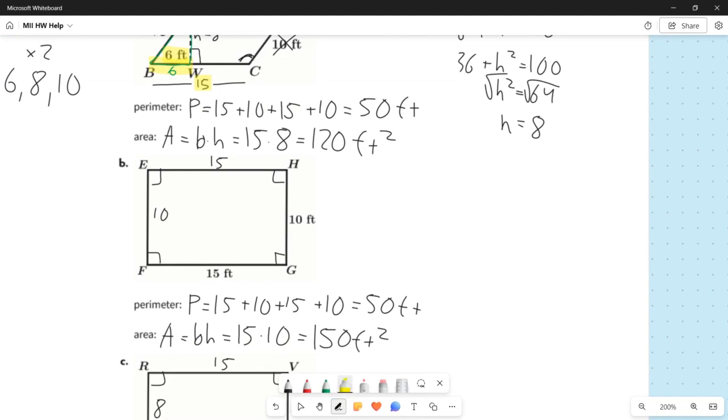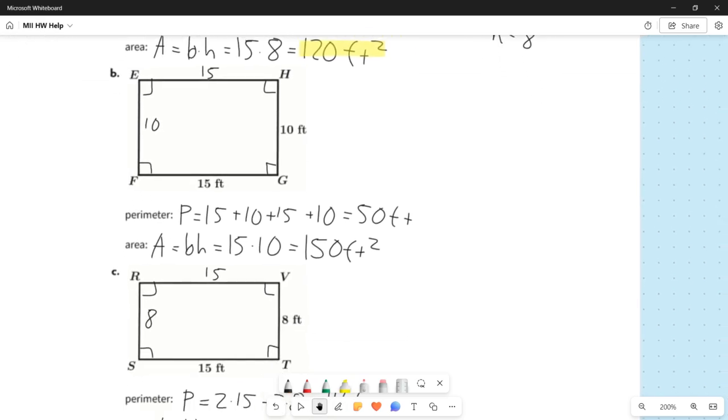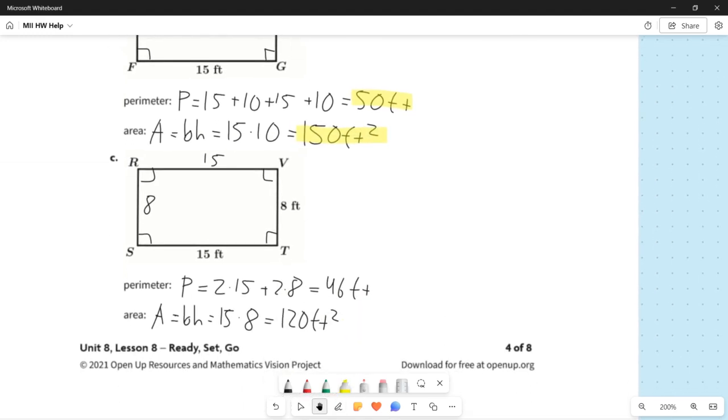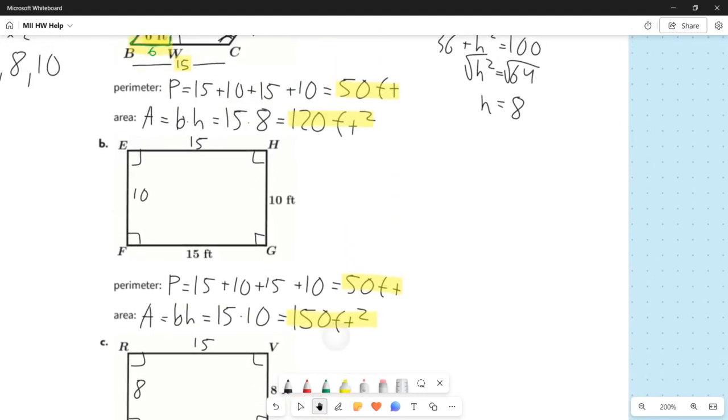So for A, for the parallelogram, our perimeter was 50 and our area was 120. For the first rectangle, again, our perimeter was 50, but this time our area was different. It was 150. And then for the second rectangle, our perimeter was different, but we actually got the same area that we got for the first parallelogram.